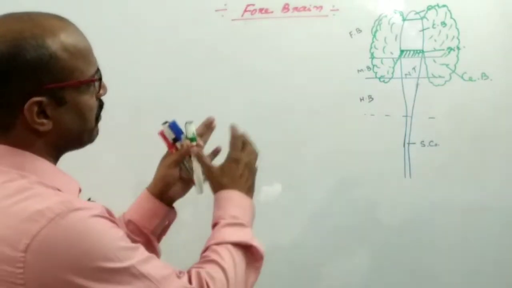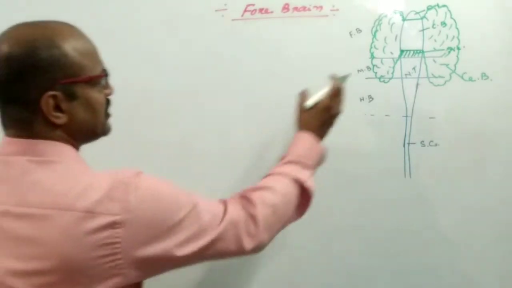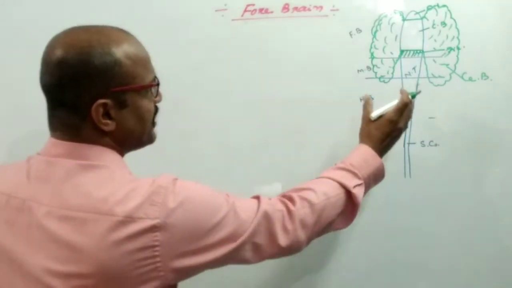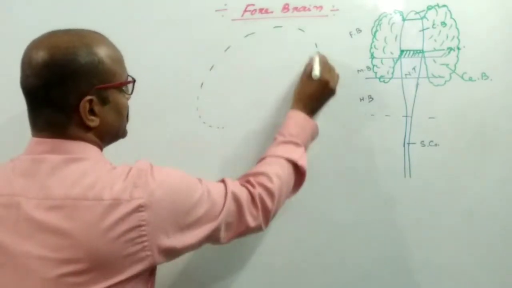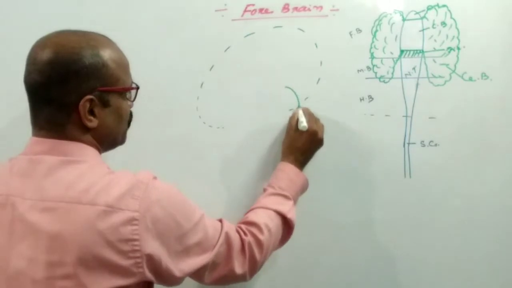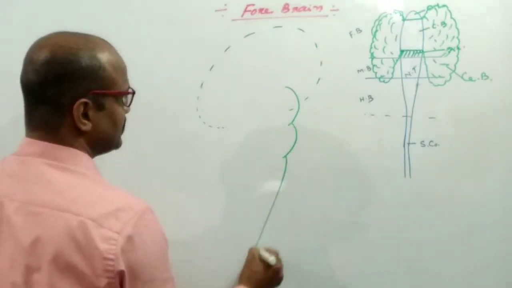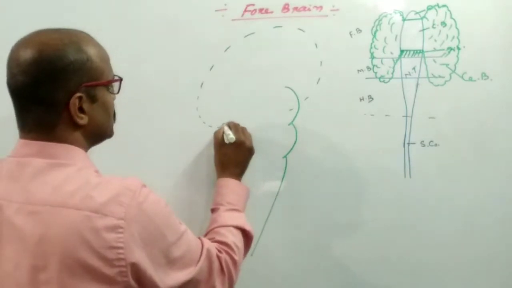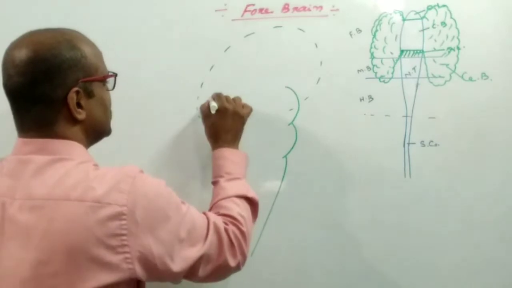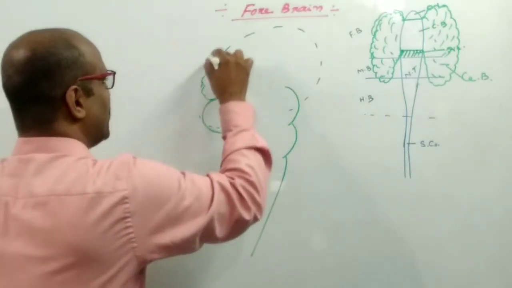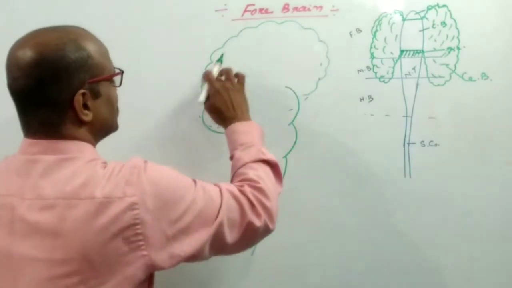So how are these parts arranged? Because of the high development of the cerebrum, it covers almost all parts of the brain. Suppose that this is the pons, this is the medulla, and this is the spinal cord, and this is the cerebellum, a part of the hindbrain, and this is the cerebrum.